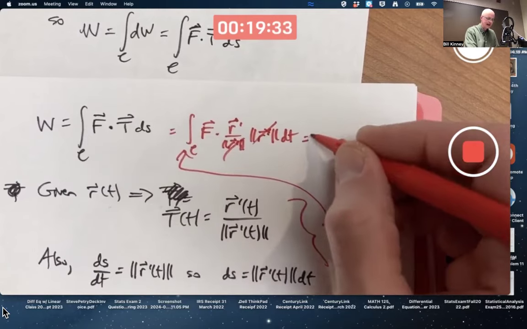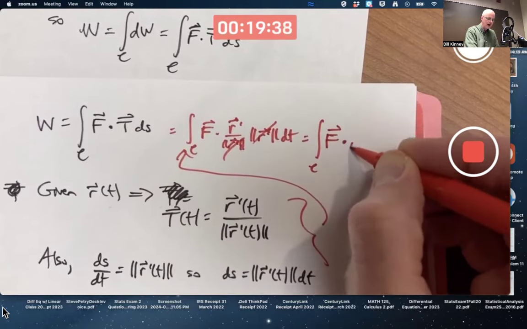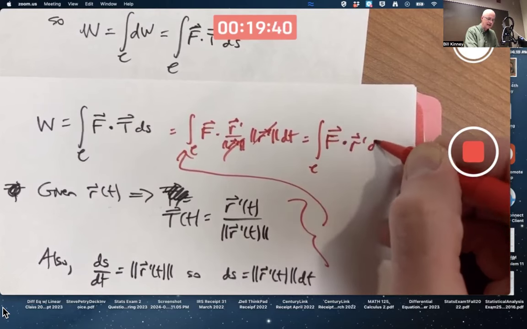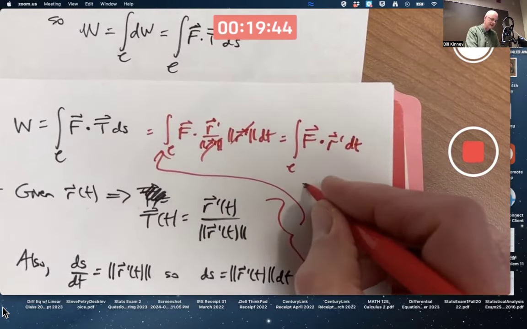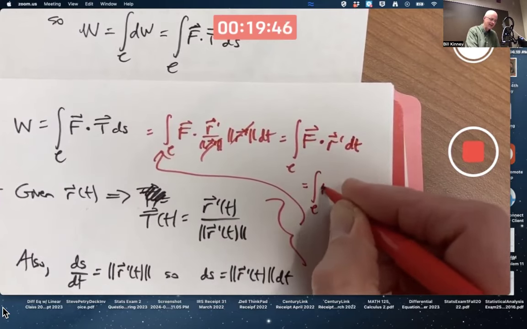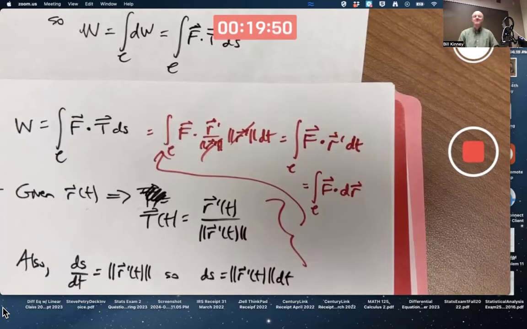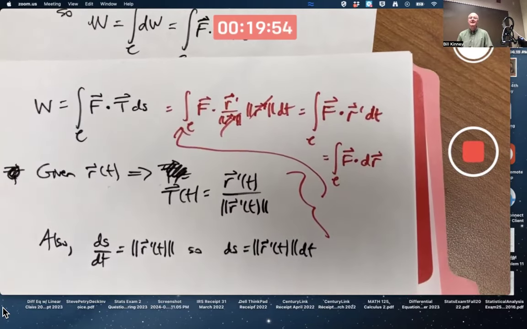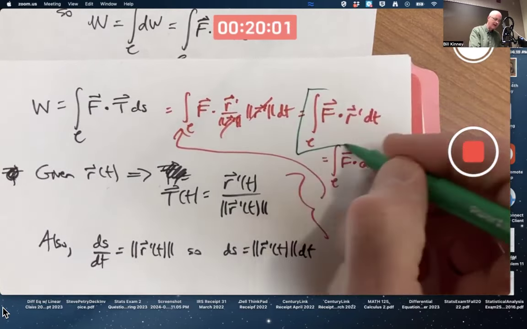Cancel those things, and you end up with the integral of f dot r prime dt. And it's also common to write that as f dot d vector r. Kind of crazy, just a bunch of different ways of writing it. But the most useful way of writing it in terms of evaluating the integral is this way.